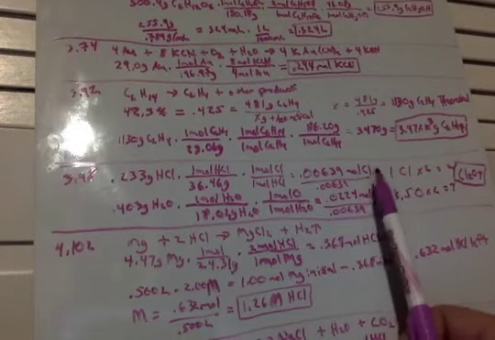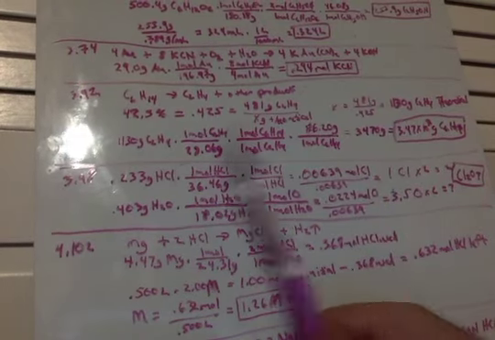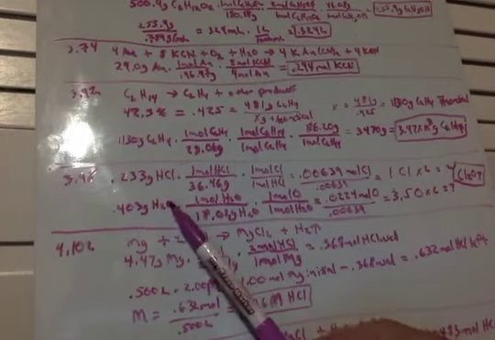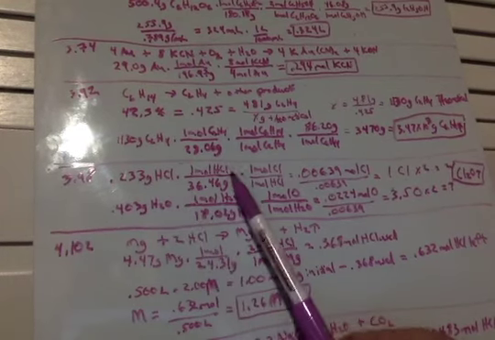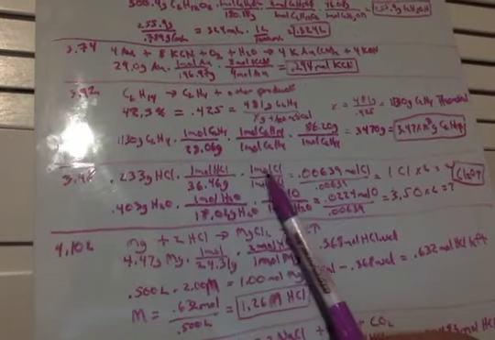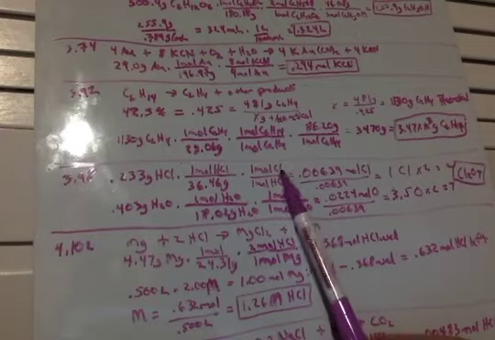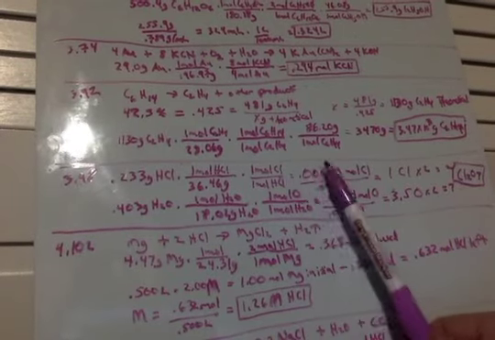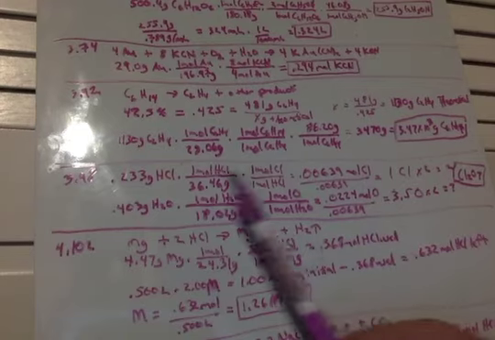Well, we've reacted the compound with hydrogen and turned the chlorine into HCl and the oxygen into water. So if I take 0.233 grams of HCl and change it to moles, and then realize that for every mole of HCl, I have a mole of chlorine in its formula, then I find I have 0.00639 moles of chlorine.